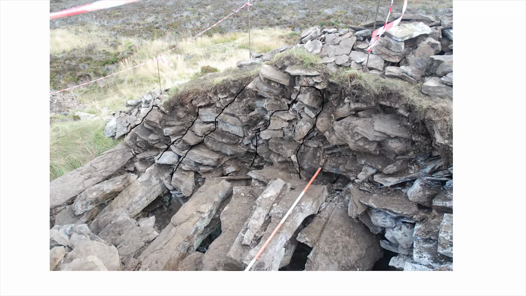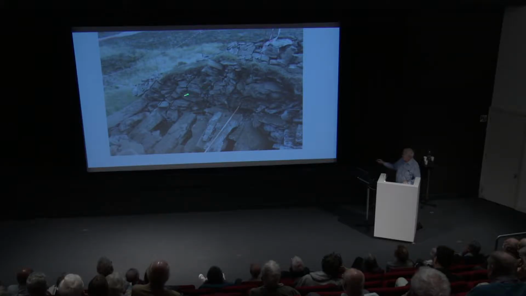Here's a cairn that I dug recently, or operated on recently, and at that side over there, you can probably see slightly disturbed wall faces coming down like that. This wall face here is the outer wall face of the structural element within which the chamber was formed, and we call that structural element the core cairn.